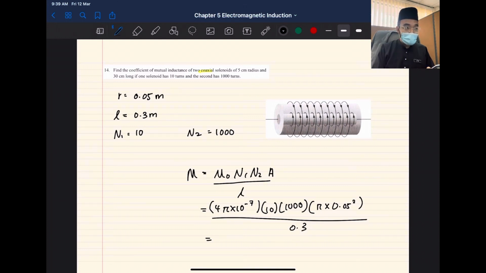Okay, I got here it's 3.29 times 10 negative 4 Henry. So just now maybe I pressed it wrongly. If I pressed wrongly or wrote wrongly, you check again.